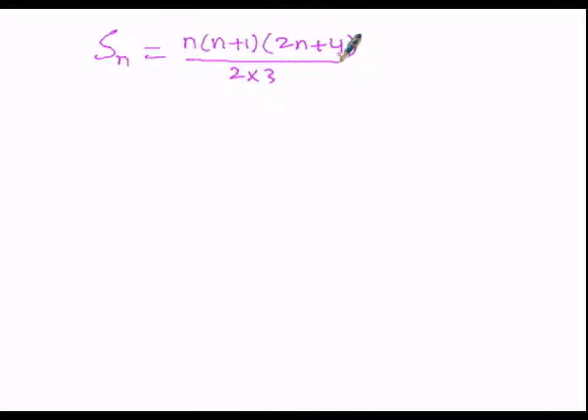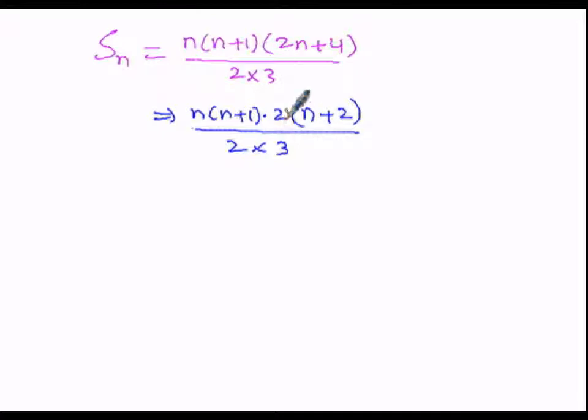Then the next logical step, so that implies n into n plus 1 into, among these two terms, when 2 is taken out as common, just n is left over within the bracket plus 2 number of times. So here 2 into 2 is 4. So overall divided by 2 into 3 again. So here we can simplify further: 2 in the numerator and 2 in the denominator.